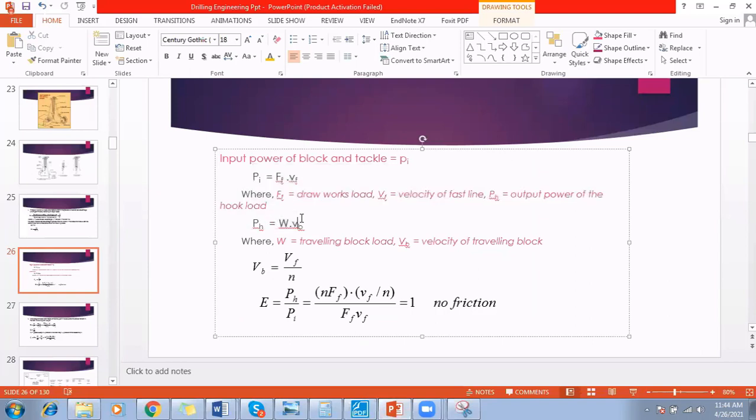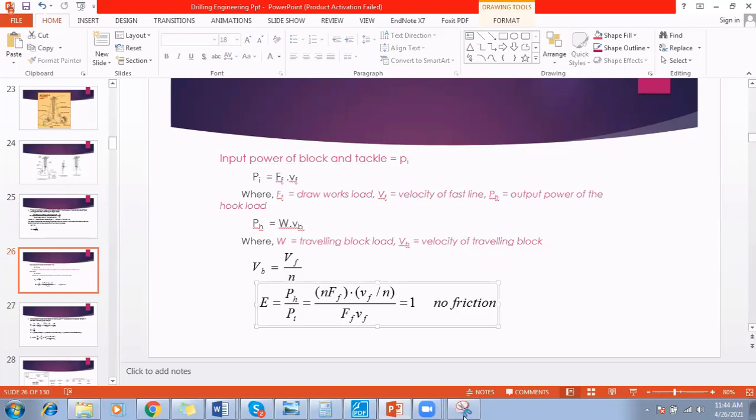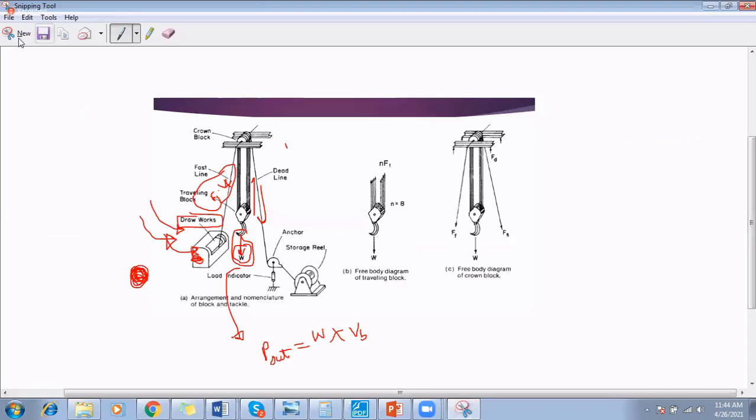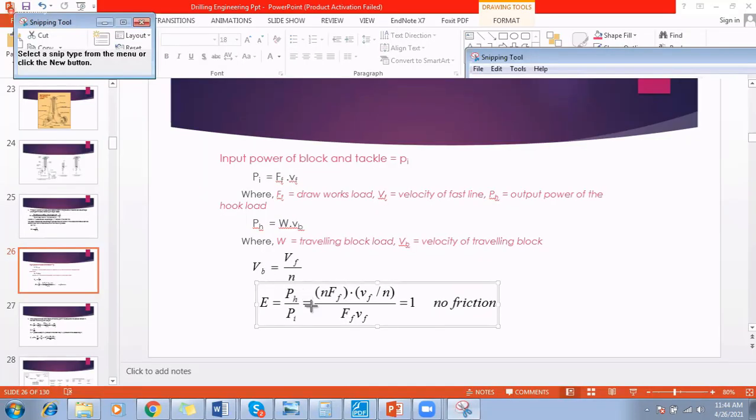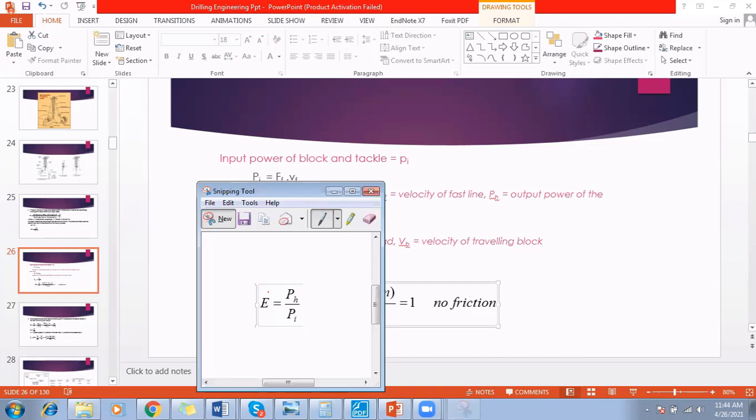Okay, this is actually a relation that is showing that when you divide the output power by the input power, then you will get the efficiency. Okay, output power is also called the hook load. Is there any student who may tell me why this is called the hook load?